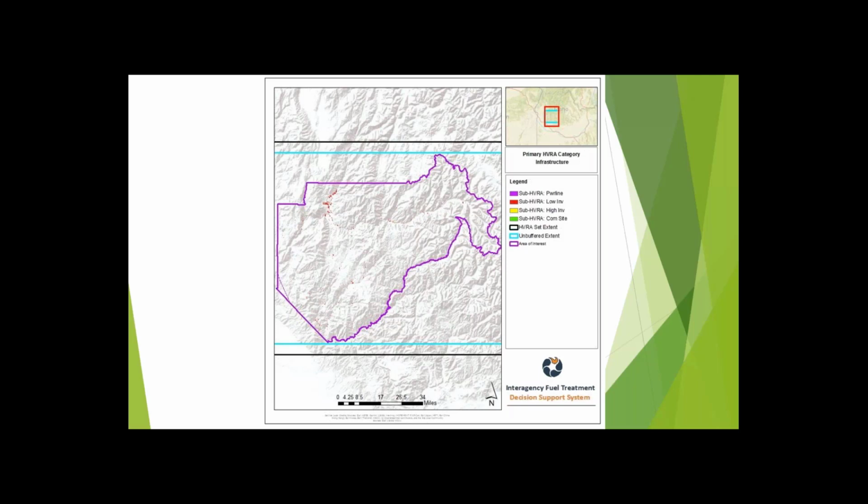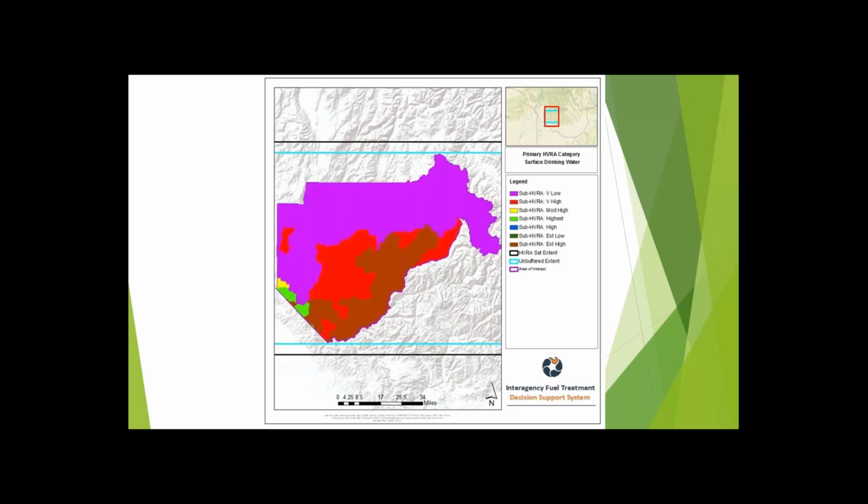But the data is there in IFTDSS, and it becomes more noticeable when you zoom into an area in the map viewer in IFTDSS, or another geospatial viewing platform that you can download the output data into, like ArcMap or ArcGIS Online.